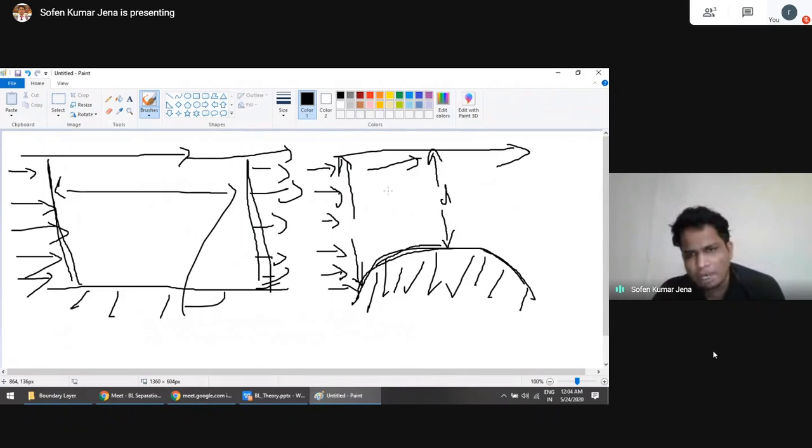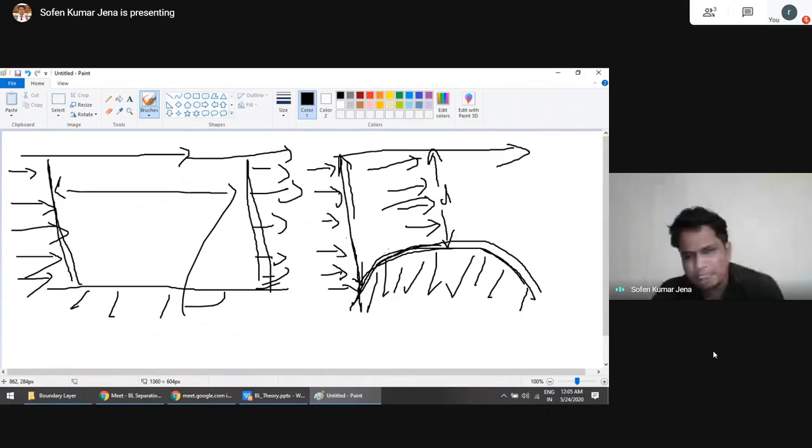Flow contracts means the area is contracting, so the velocity increases. At the same time there is a change in the pressure, because the total mechanical energy remains constant. Any increase in the velocity is compensated by a decrease in the pressure.